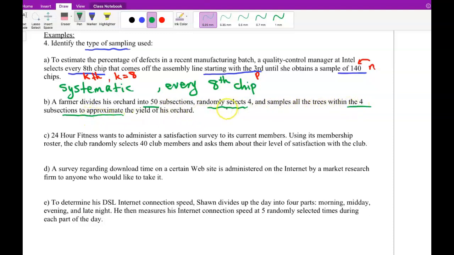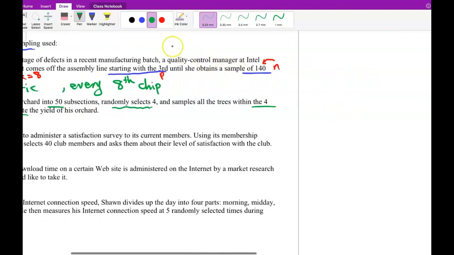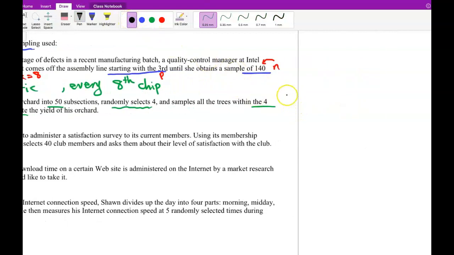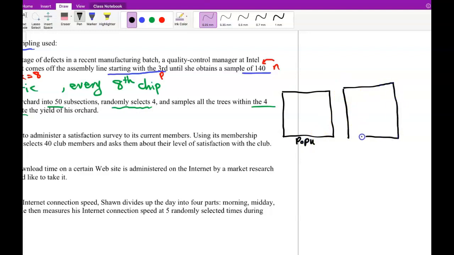So in each group, he has 4. Let's say this is all the trees that I have. That is the population. Then here is a cluster. The population is divided by, I'm not able to draw all these, but these are divided by 50.